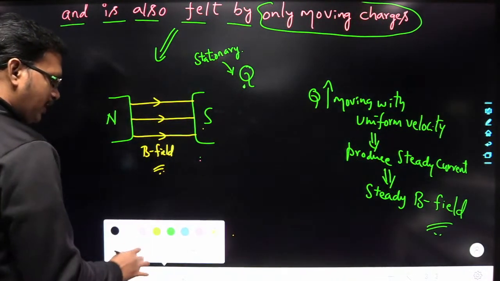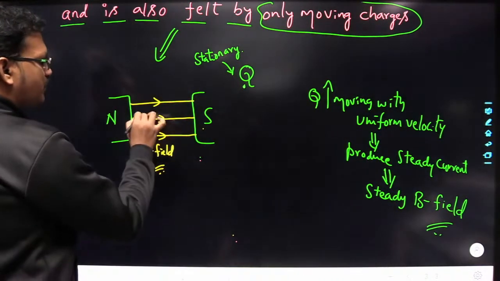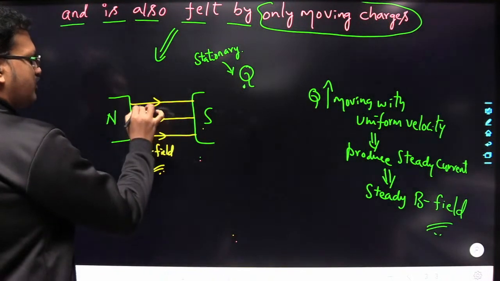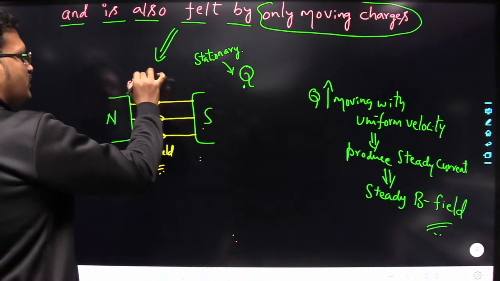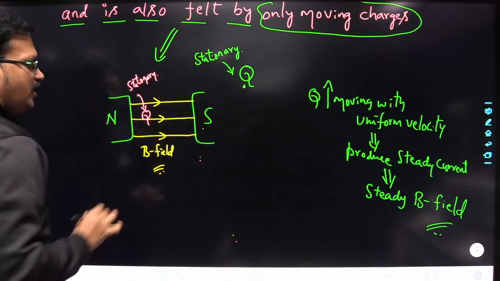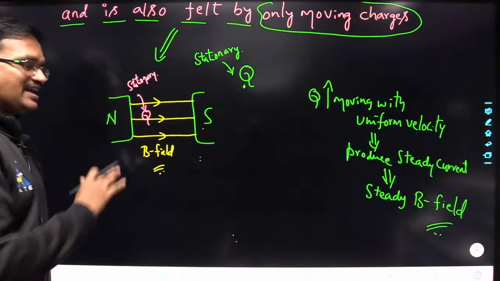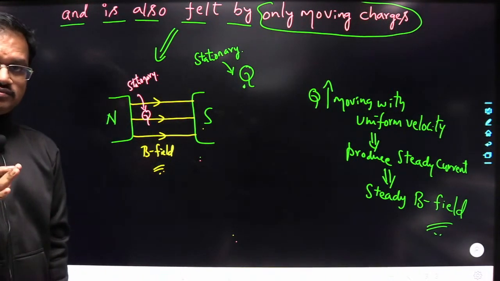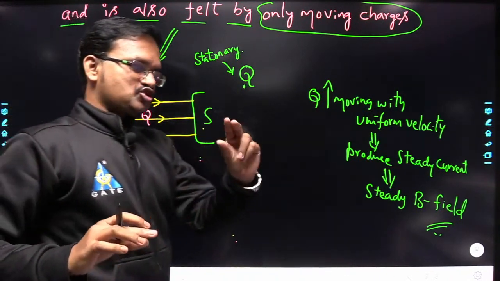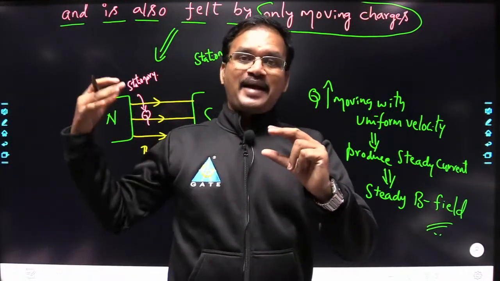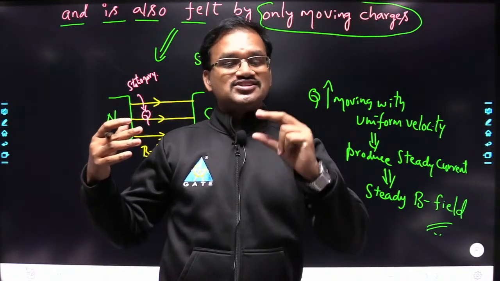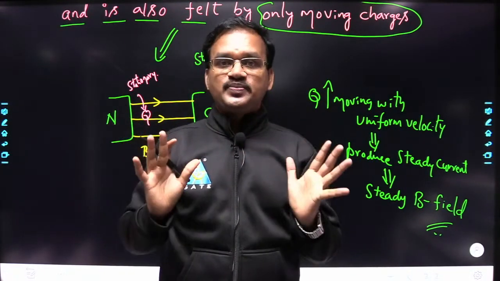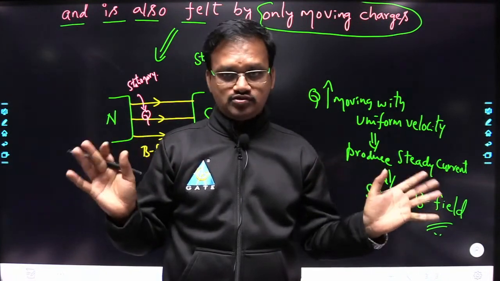Now it is observed that whenever you place a stationary charge in a magnetic field, it is not experiencing any force here. So this stationary charge is not experiencing any magnetic force.